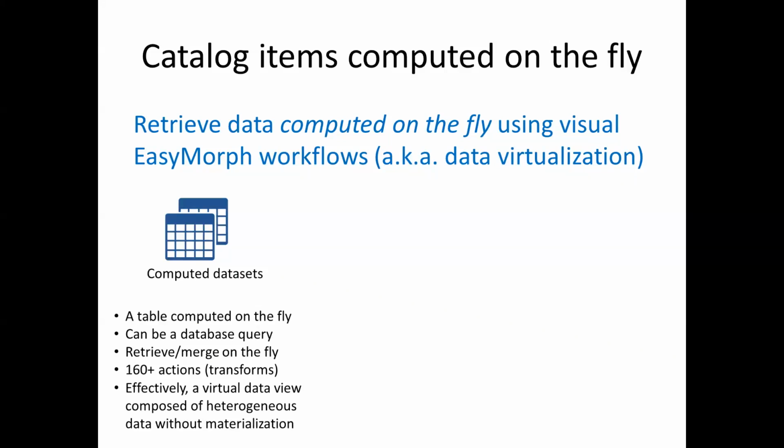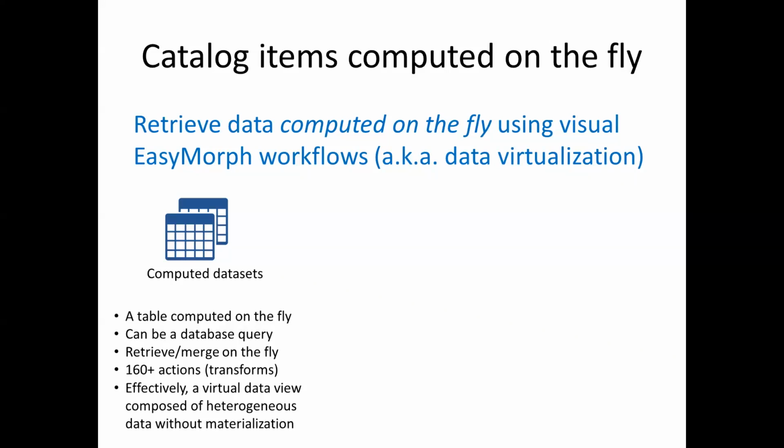For those who used to work with EasyMorph, you know that EasyMorph is a workflow application that transforms data that can be integrated from different sources on the fly, and that workflow produces a table, a rectangular data set. That table is delivered to the user as a result of workflow execution.